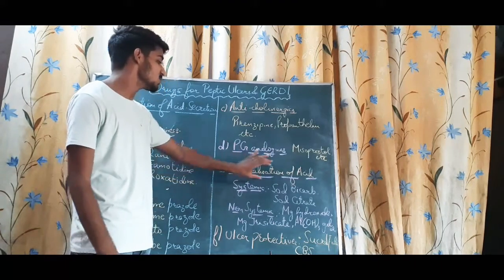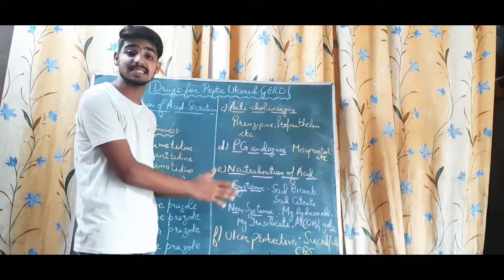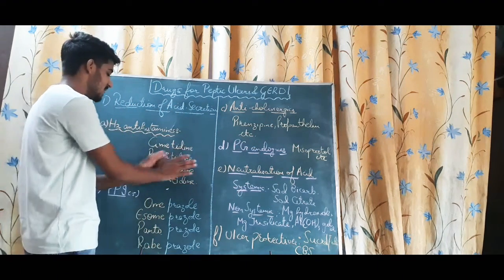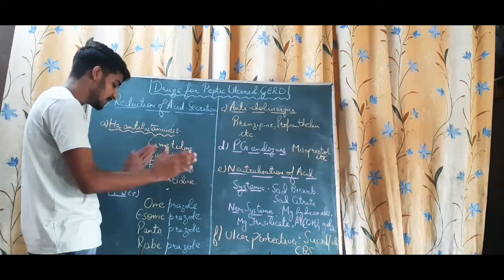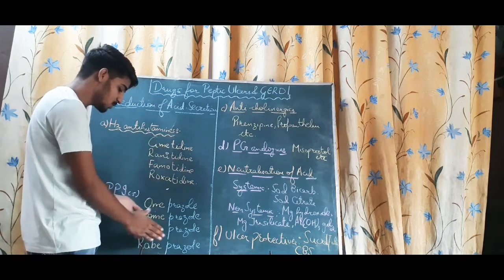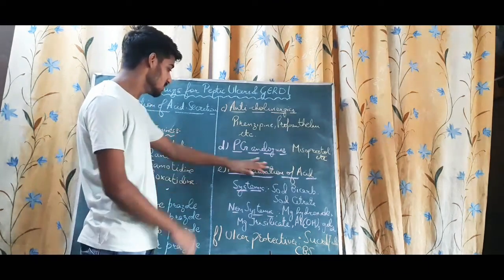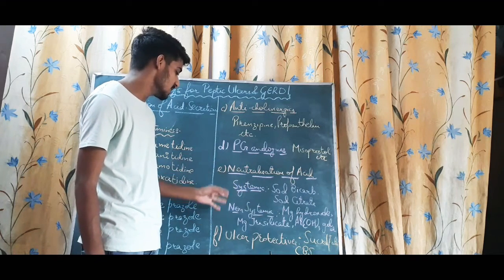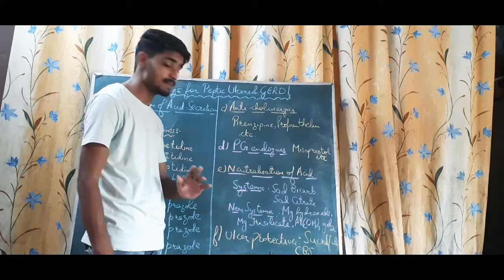Then is the neutralization of the acid. So these are basically antacids. So all of these, the H2 antihistamines, cimetidine, ranitidine, famotidine, roxatidine, and proton pump inhibitors like omeprazole, esomeprazole, pantoprazole, rabeprazole, are not antacids. So next one is neutralization of the acid. There is a further classification, systemic and non-systemic.